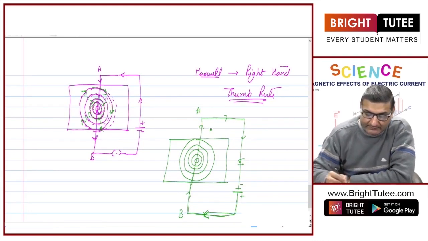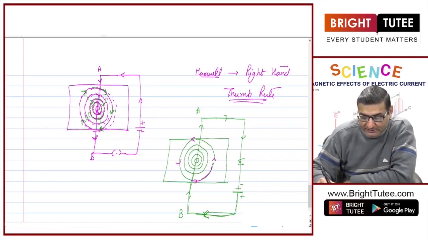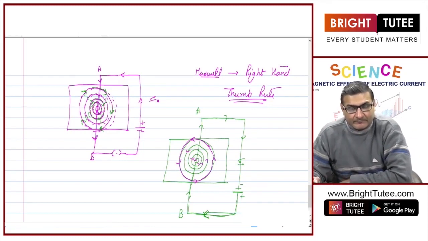If the current is going in the upward direction, then in that case the magnetic field lines will go anti-clockwise. So I'll show the arrows which show the direction of magnetic field lines. This is anti-clockwise. So I need to show the arrows opposite to what I did in the previous case number 1. Got it?